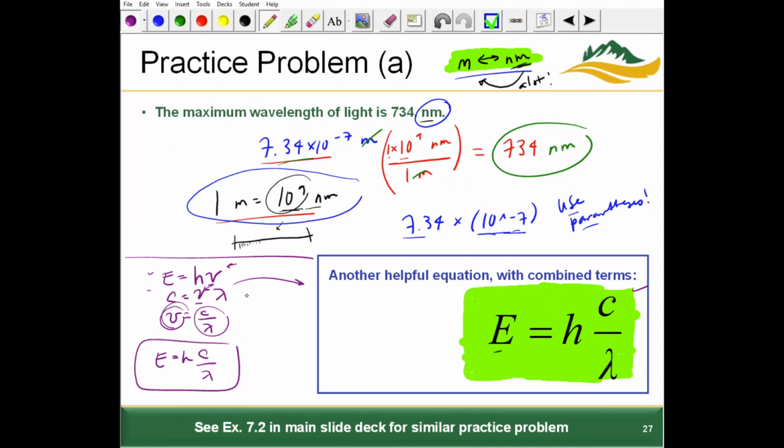That's the same thing as using these equations individually. So it's up to you. If you need lambda and you have energy, you could use this one or vice versa. If you need frequency though, you'll need to use one of these individual equations. 7.2 in the main slide deck is another good practice problem related to this topic.